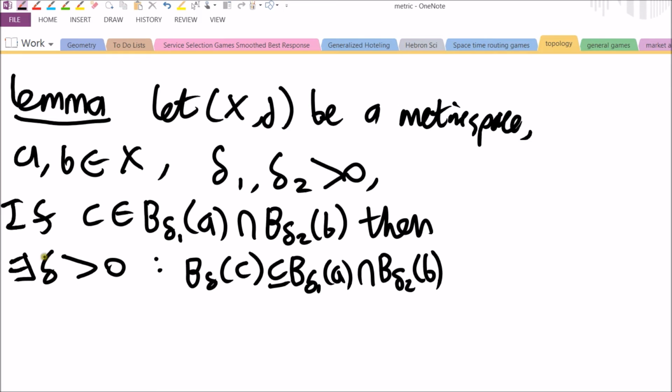Let's suppose you've got a point, we'll use a different colour. Suppose you've got a point A here and a radius delta 1. More of an ellipse, but what can you do? Here's another point B of radius delta 2.